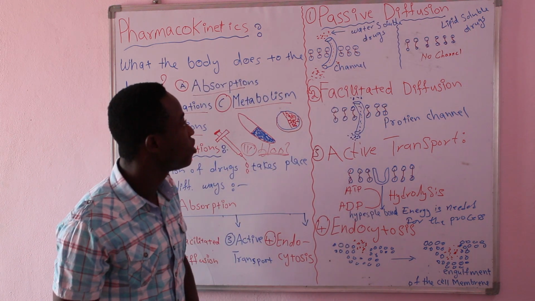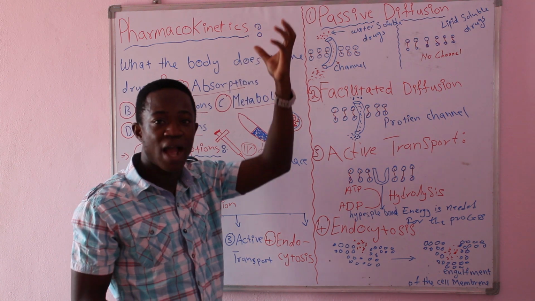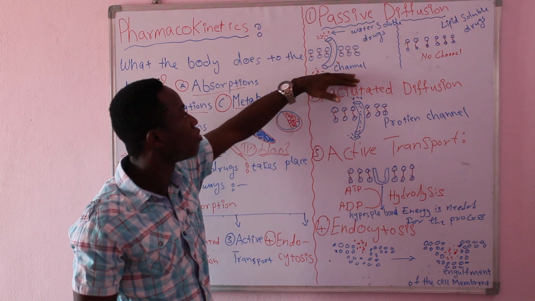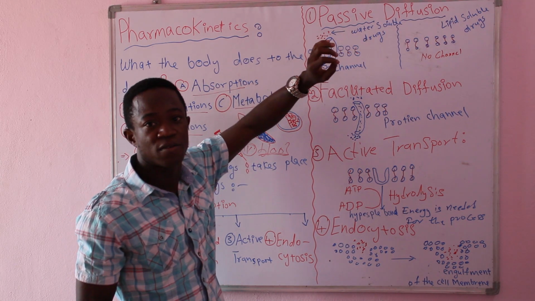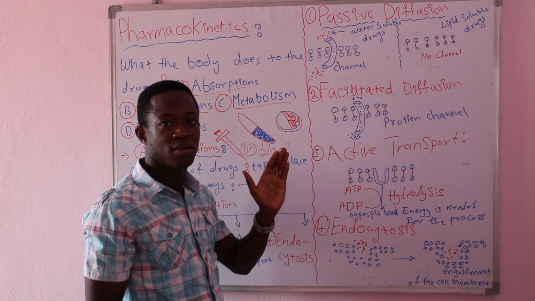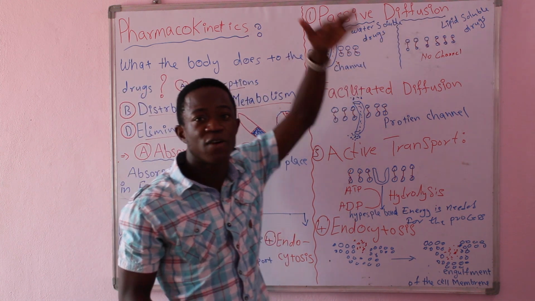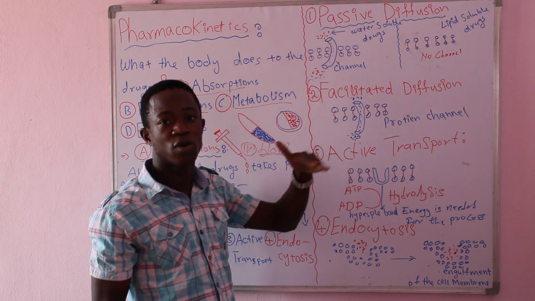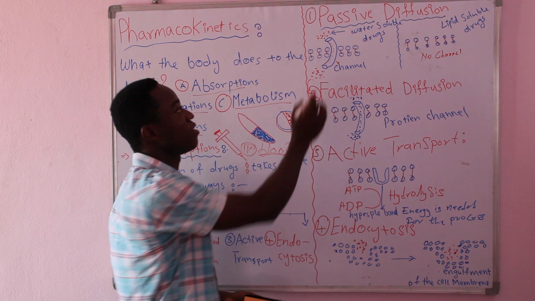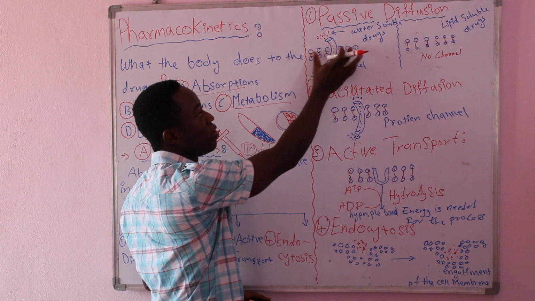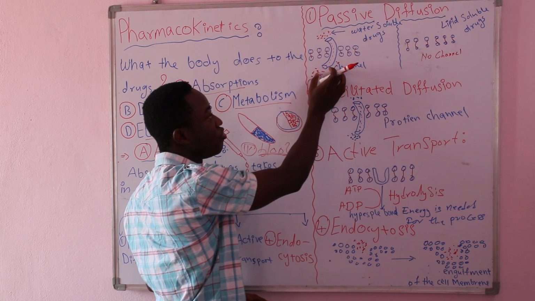In passive diffusion, the drug molecules move from high concentration to lower concentration. Let's understand something. We say passive means to pass from one point to another. And the word diffusion means from high concentration to lower concentration. So the drug molecule is going to cross the cell membrane from higher concentration to lower concentration.